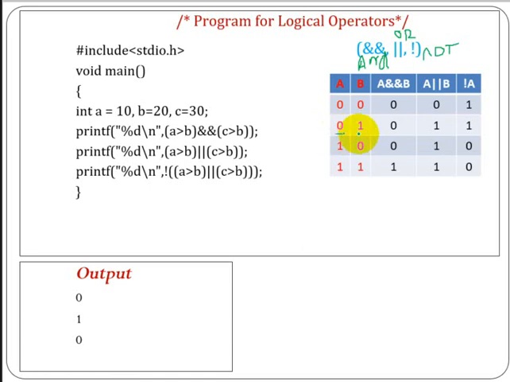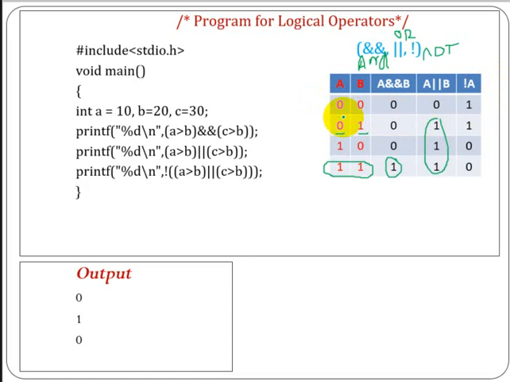So this is false and this is true. If that is the case also, the AND will be 1 only when both inputs are 1, which means true. If both the inputs are true, I will get the output as true. But in the OR operator, if any one of your expressions returns true, then I will get the output as true. Okay.